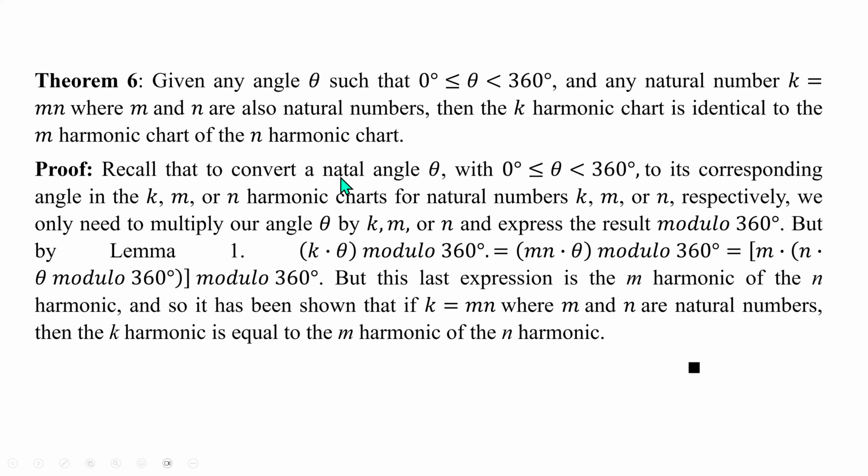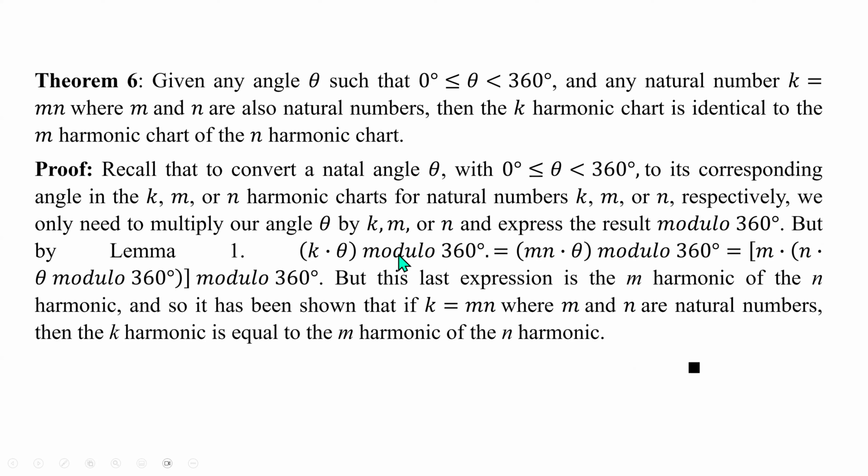Okay, recall that to convert a natal angle theta, with 0 degrees less than or equal to theta less than 360 degrees, to its corresponding angle in the k, m, or n harmonic charts for natural numbers k, m, or n respectively, we only need to multiply our angle theta by k, m, or n and express the result modulo 360 degrees. But by Lemma 1, what do we have?